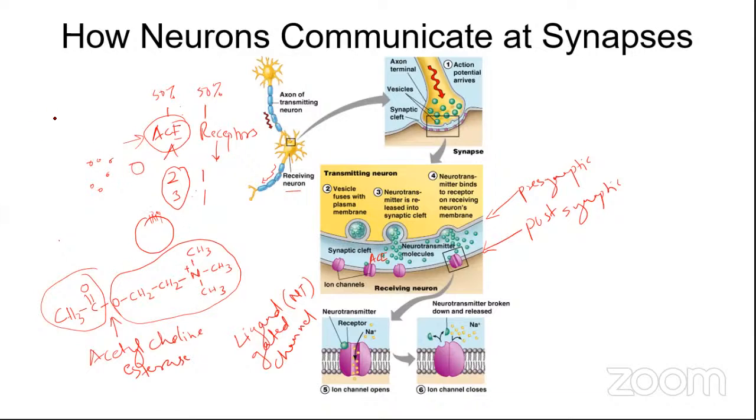Have you ever heard about a disease which is called Alzheimer's disease? It's called AD in short. Has anybody heard about it? This is associated with dementia, progressive age-related dementia.